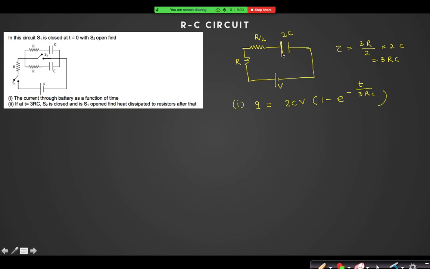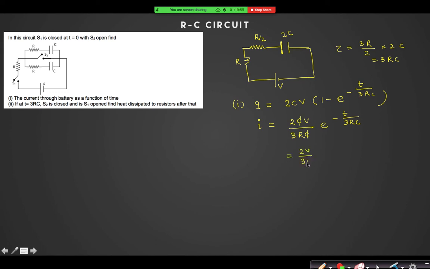Sir, we have to differentiate with respect to t, right, for the current? Yes, I have to find the current, right? So current will be, minus minus plus whatever, it will be 2CV divided by 3RC into e power minus t by 3RC. Can I write that? Yes, sir. This is the answer. That is the current.